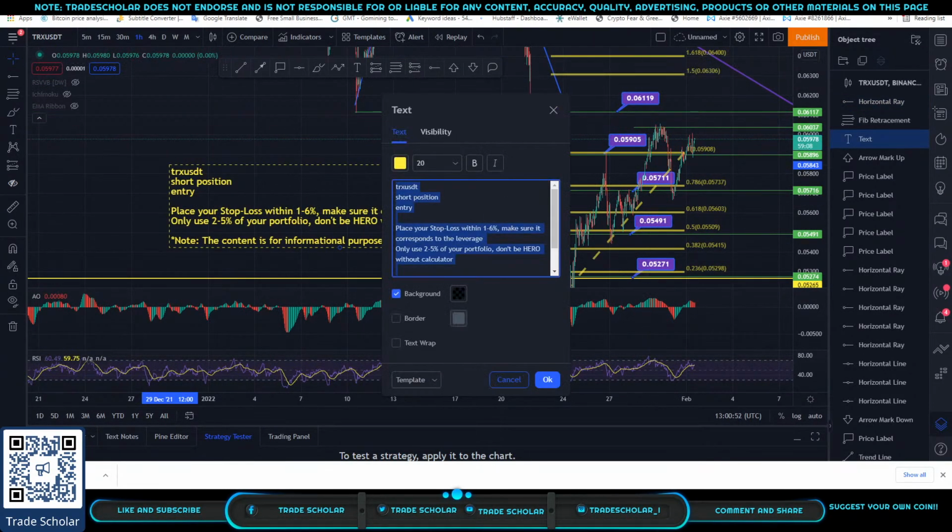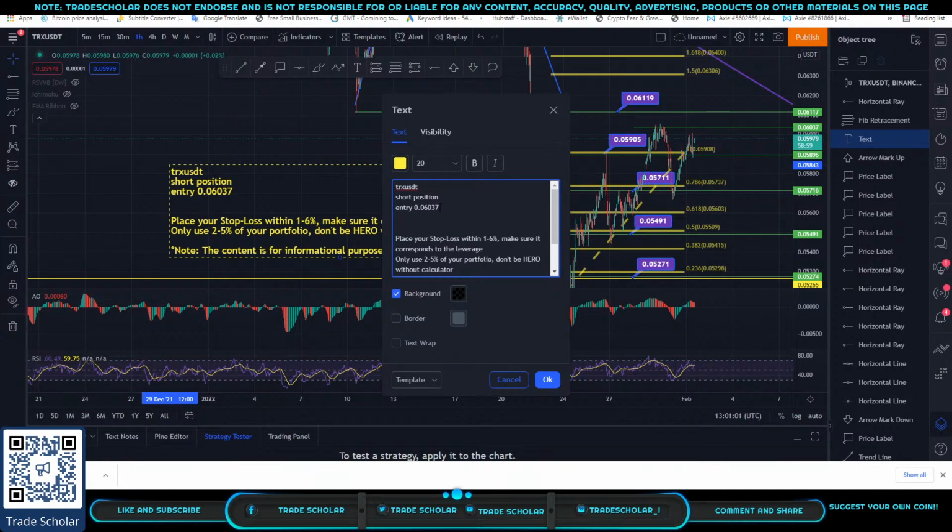So where to open a short position? Our short can be 0.06037. Okay. Another short is 0.06119. This one is risky, so it might hit stop loss 1 to 5%.